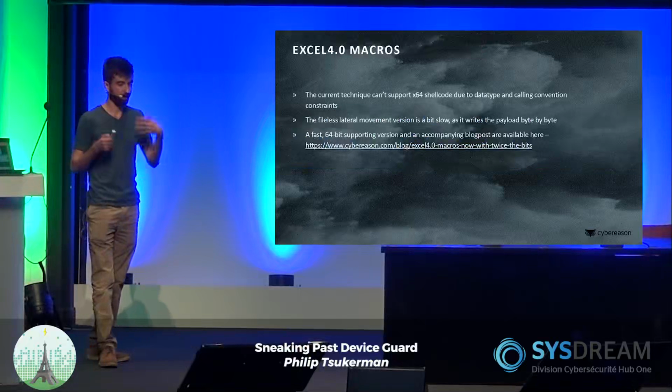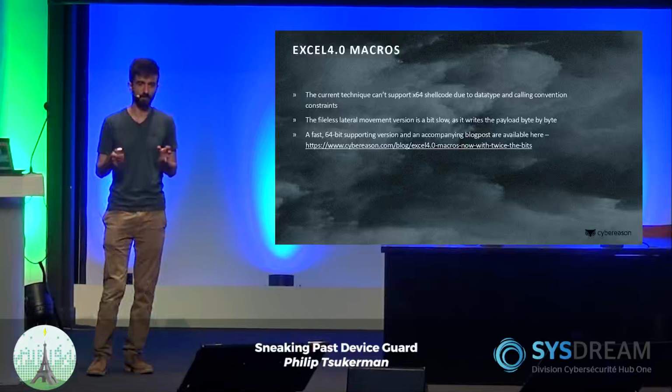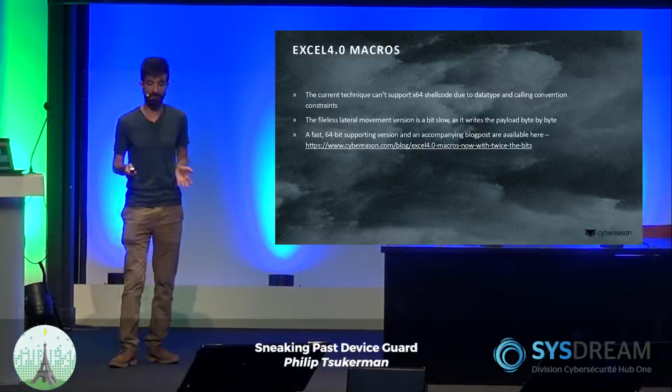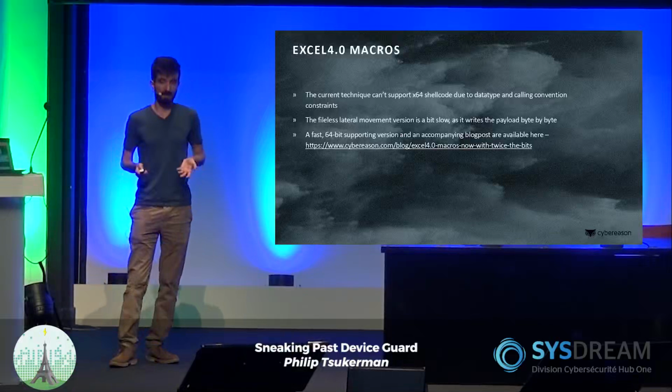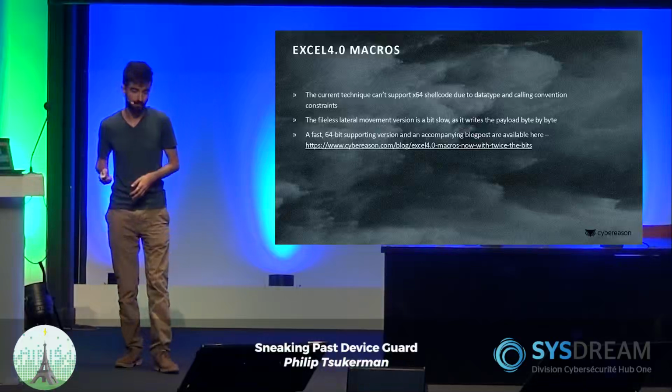But this whole thing still had a bunch of shortcomings, and it was that shellcode running only worked for 32-bit Office because, well, the feature wasn't really implemented that well, and it caused a bunch of memory corruption stuff the moment you tried to use it for 64-bit.